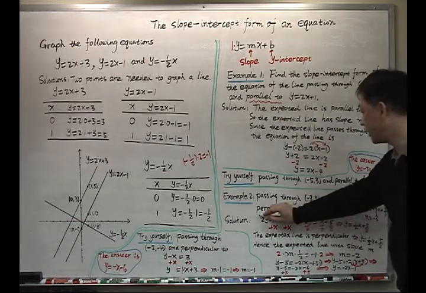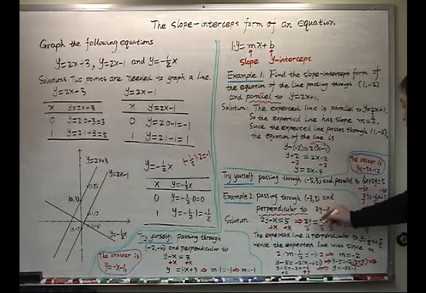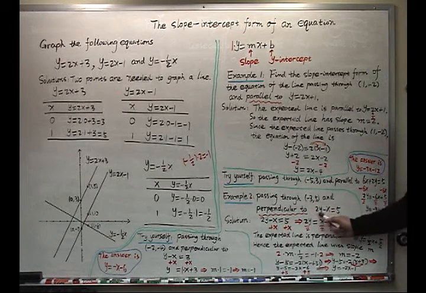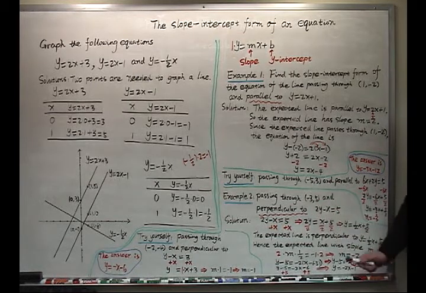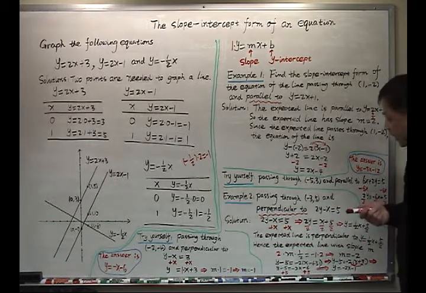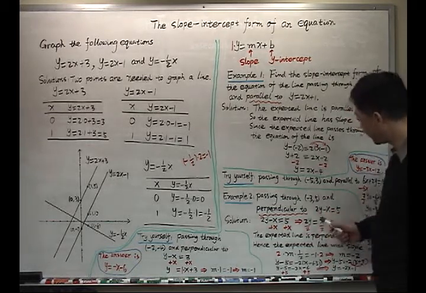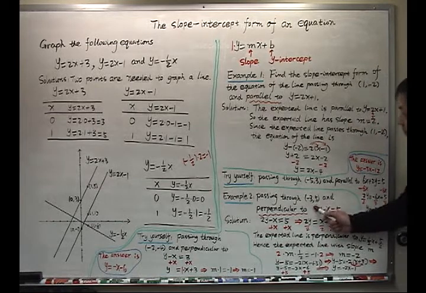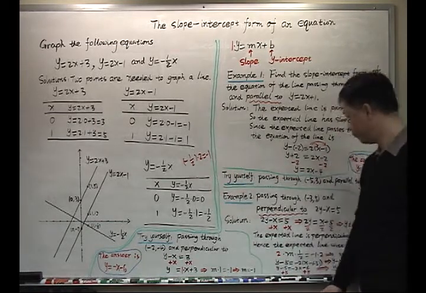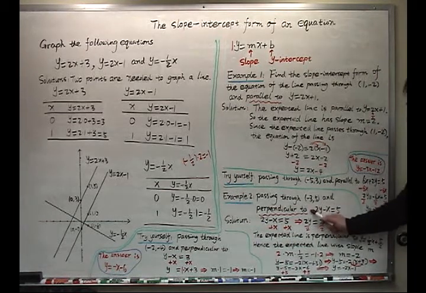Now we have a perpendicular to this line. So anyway, we need to find out the slope of this line first. We know the slope of the line we are going to find, times the slope of this one, should be equal to -1. So let's find out the slope of this one first.